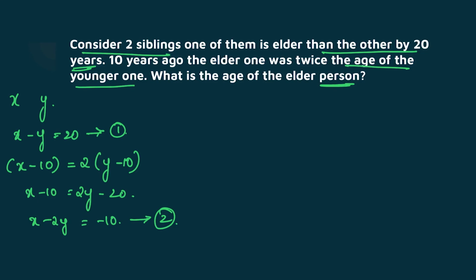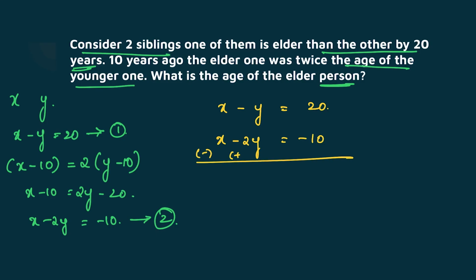Solve these two equations, and we get the value for x or y. x minus y is equal to 20 is our first equation, and x minus 2y is equal to minus 10. Solving these equations, we get y is equal to 30.